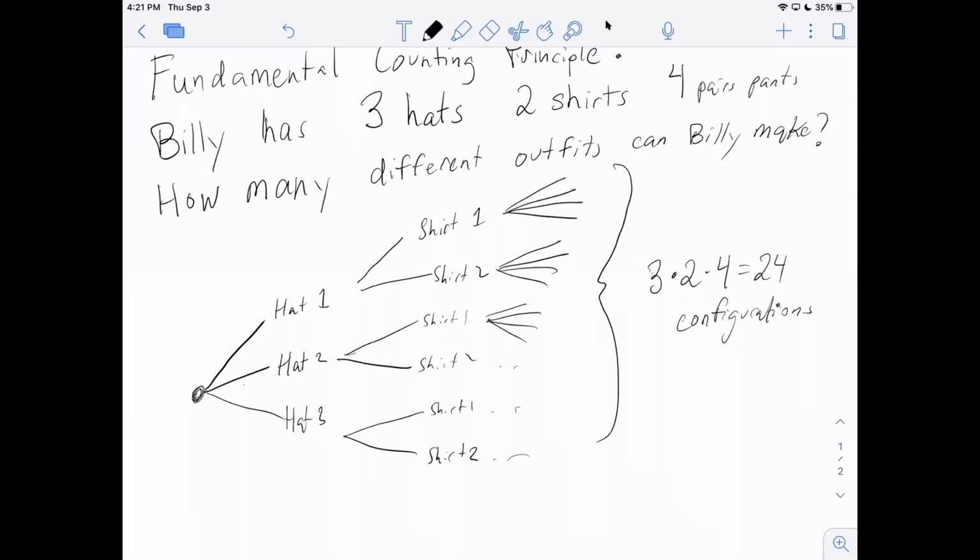But anyhow, this is the fundamental counting principle. I think if you've seen tree diagrams, that means you have seen the fundamental counting principle.